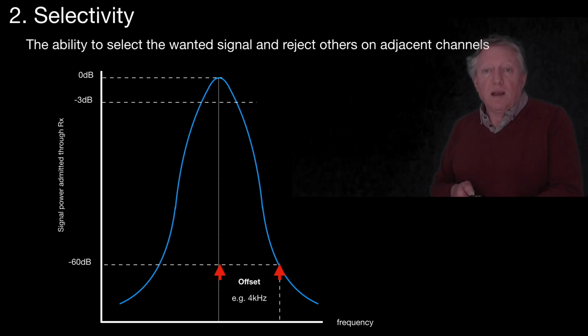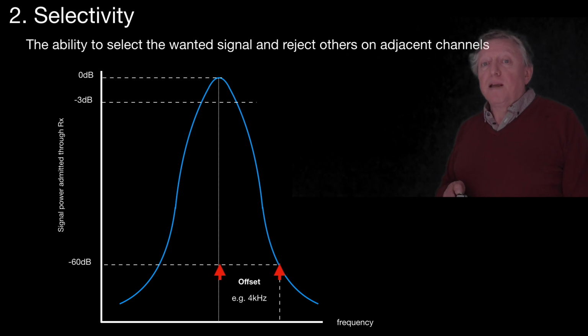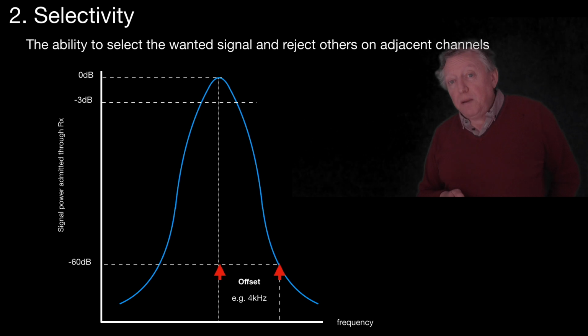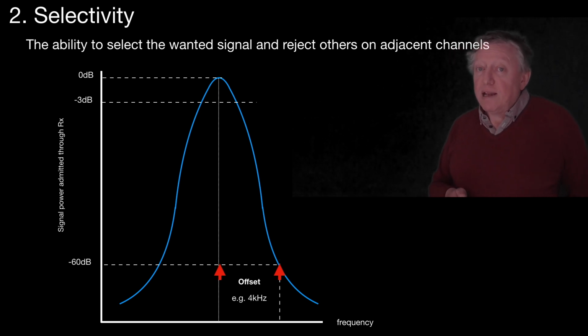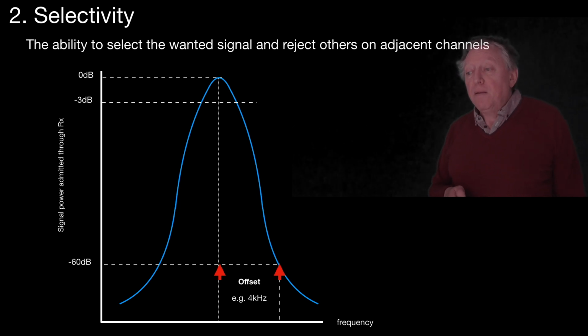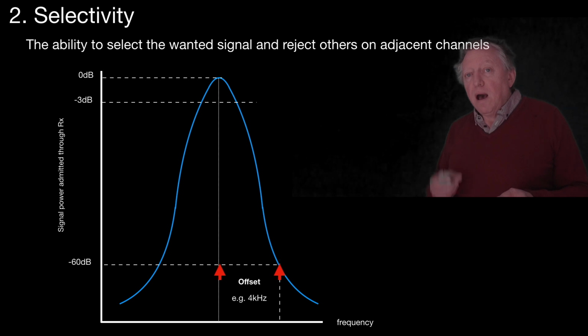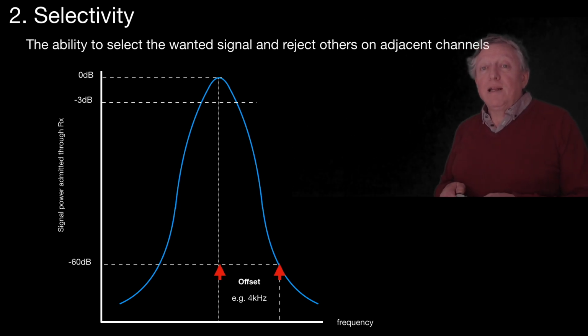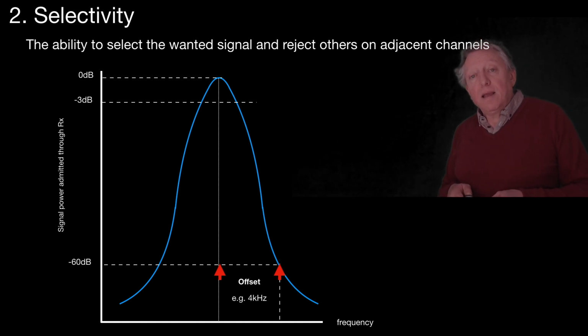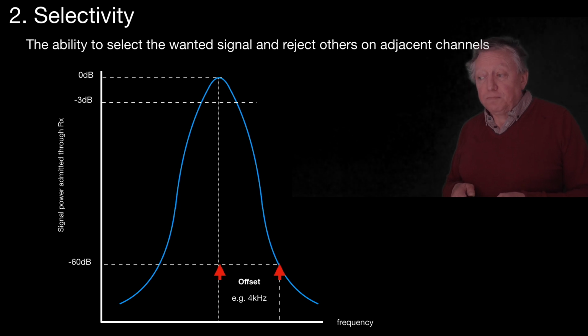In other words, 4 kHz off center frequency, other signals are attenuated by 60 dB. And if you work out what 60 dB is as a ratio, it's 10 to the 6, which is a million. So we're saying 4 kHz away from our center frequency, our interfering signals are attenuated by 1,000,000 times. And that's a standard that's often used by transceiver manufacturers.